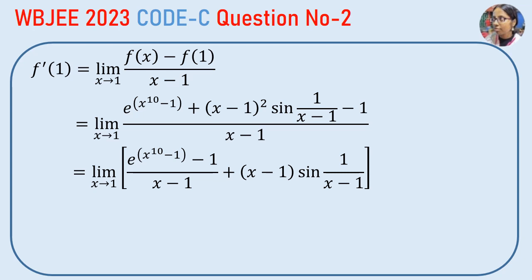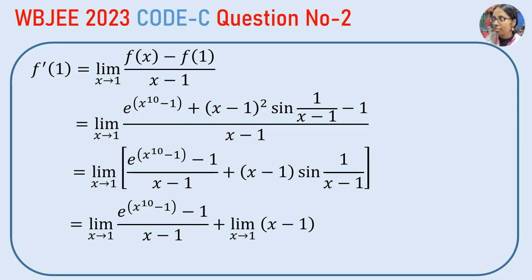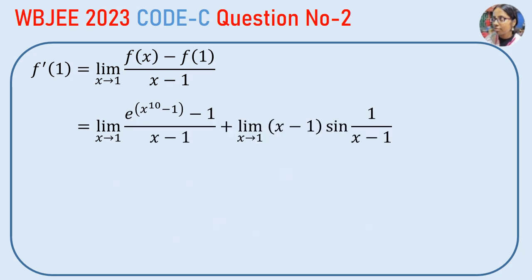So we let g(x) equal to e to the power x to the power 10 minus 1 for all x belongs to R, the set of real numbers.